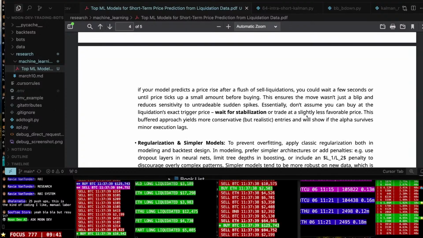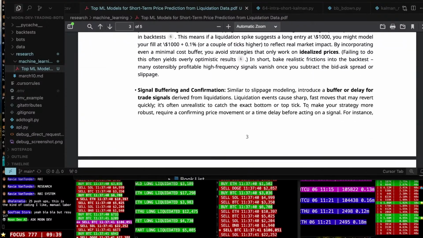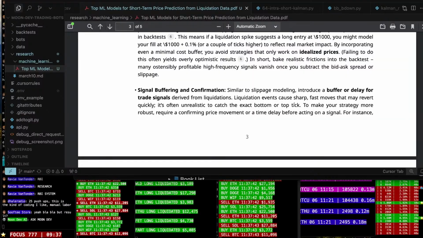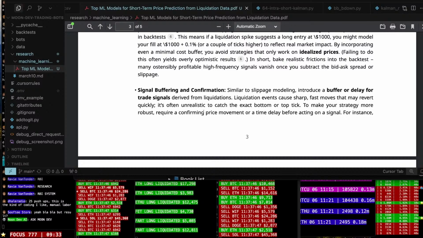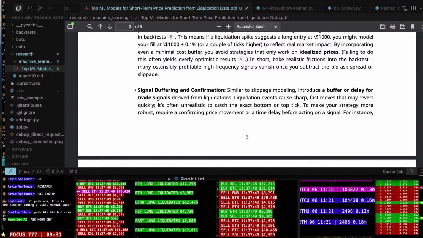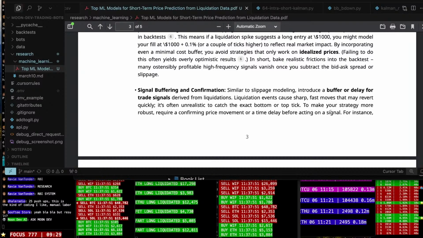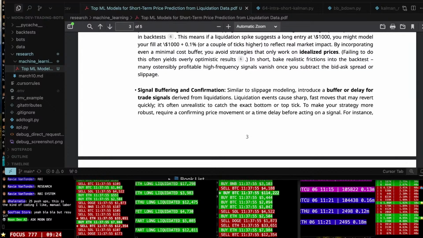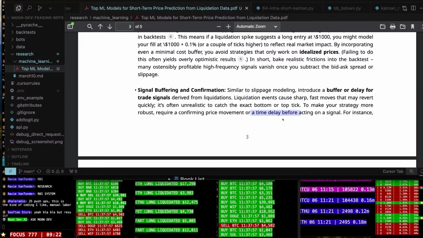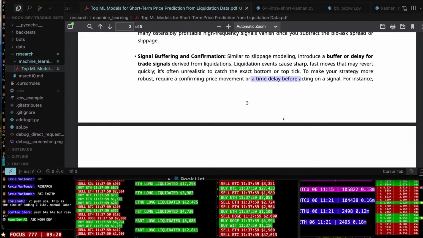If your model predicts a price, okay, let's see here. This is interesting because this kind of solves the problem I stated before. Fast moves that may revert quickly, it's unrealistic to catch the exact bottom or top tick. To make your strategy more robust, require a confirming price movement or a time delay before acting on a signal. That could be cool.